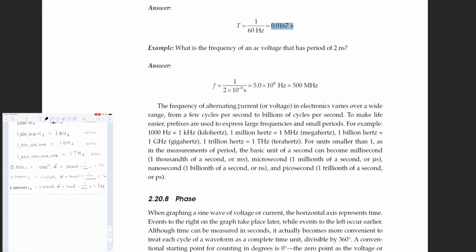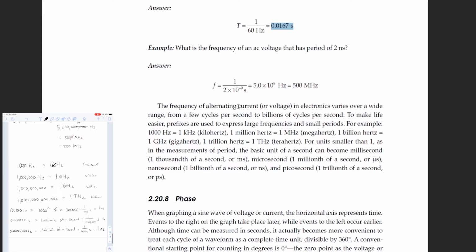Okay, 1 nanosecond, and then pico is a trillion.